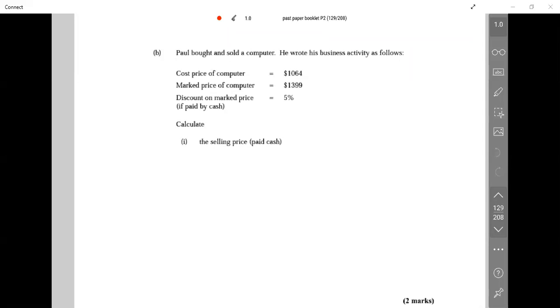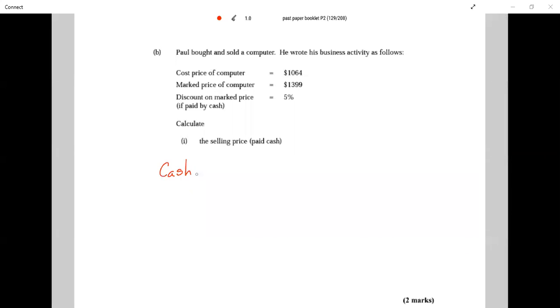So the selling price, the cash price, would be equal to 95% of the mark price, which is 1399. Why 95%? Because once you buy in cash, you will get a discount of 5%.